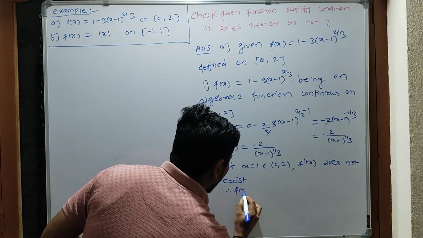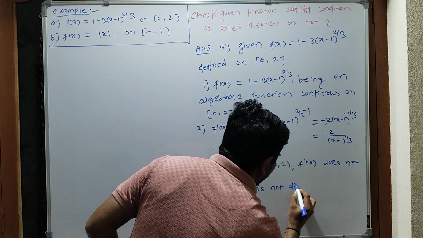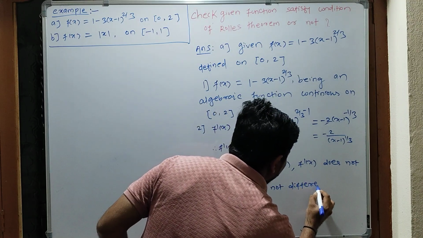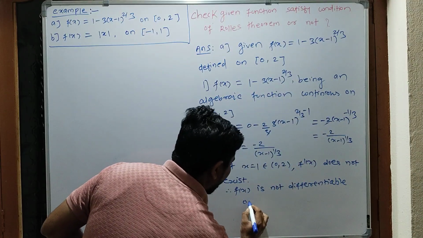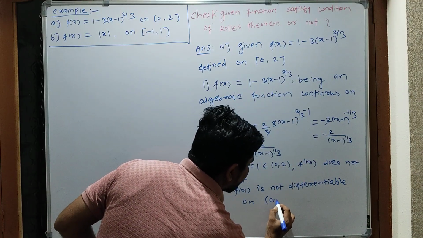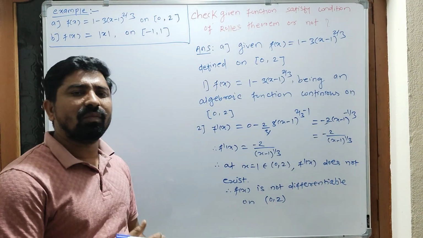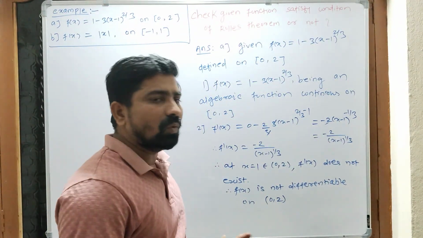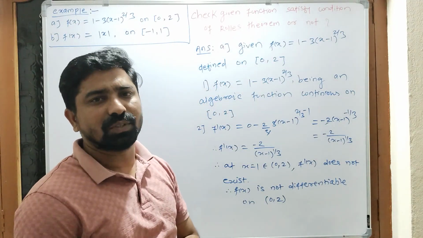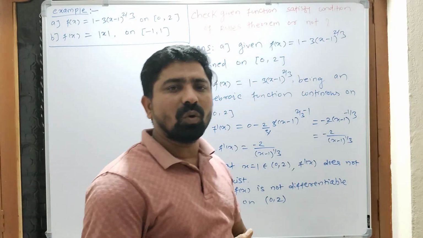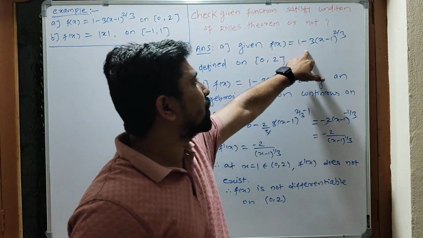Therefore f(x) is not differentiable on the open interval 0 to 2. If the function is not differentiable on the open interval 0 to 2, then Rolle's theorem is not applicable. So the second condition of Rolle's theorem is not satisfied by this function.